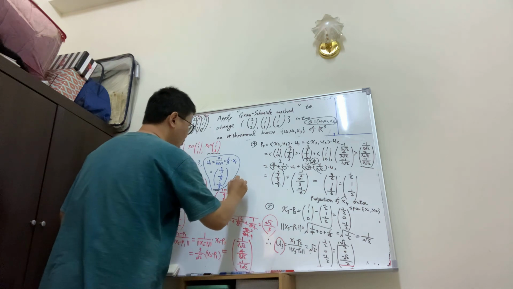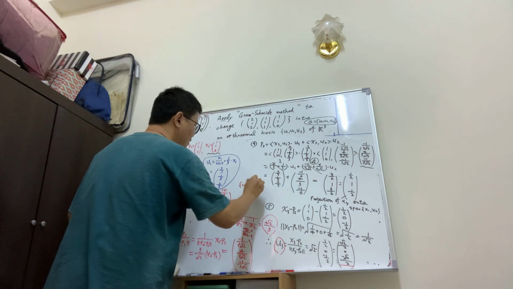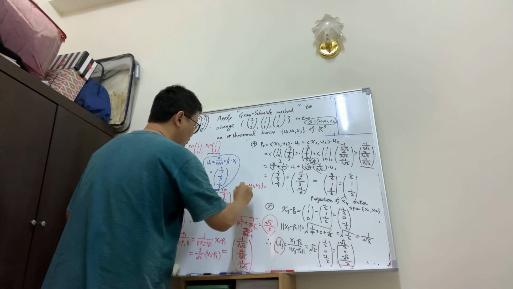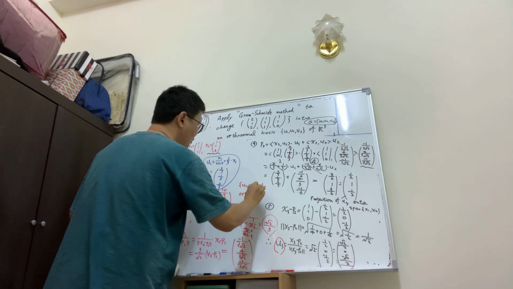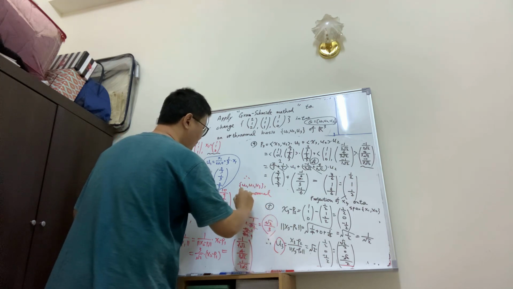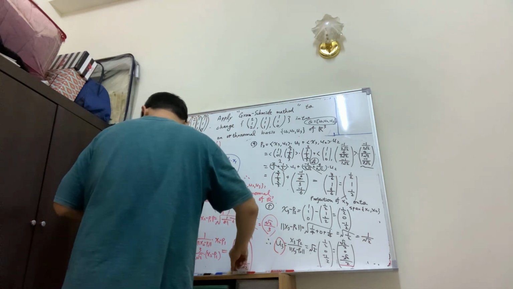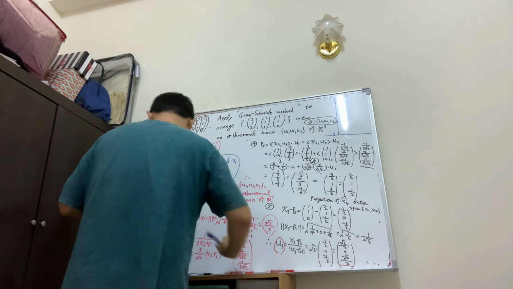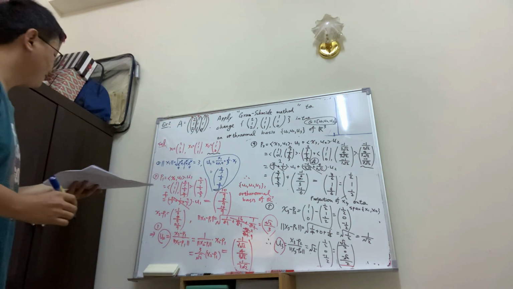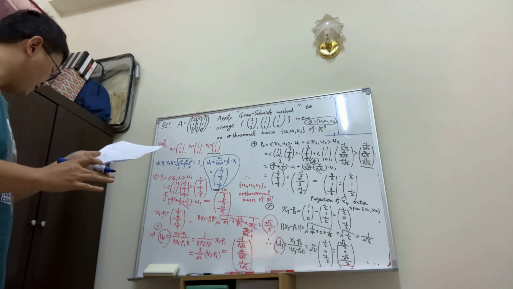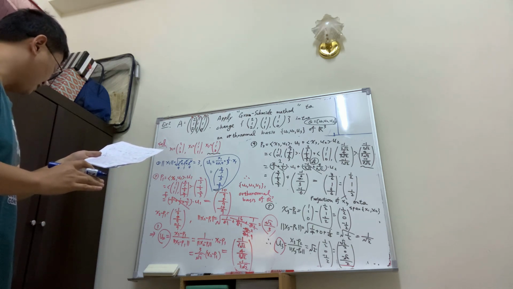So U1, U2, U3 is what we want. It's an orthonormal basis of R3. And that's all the material in this section.